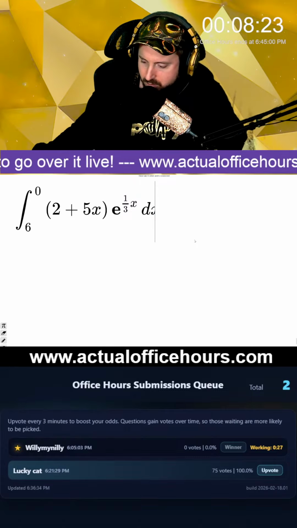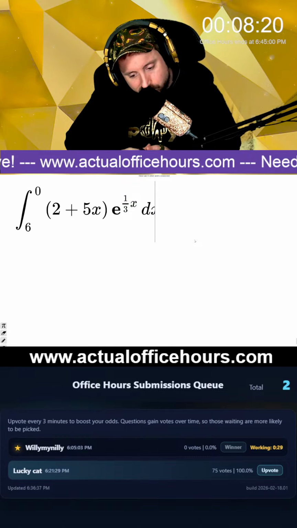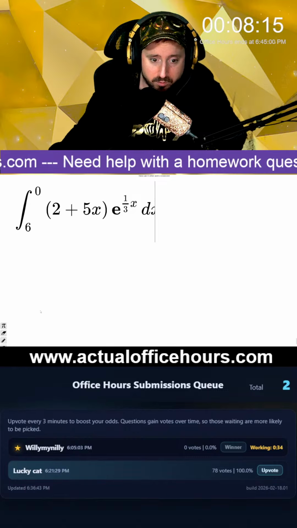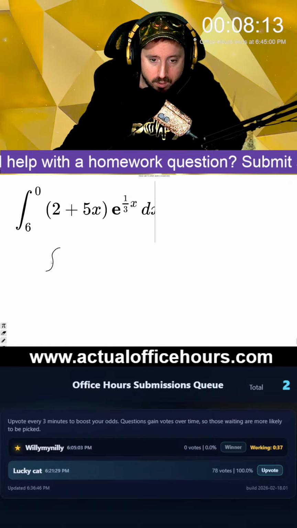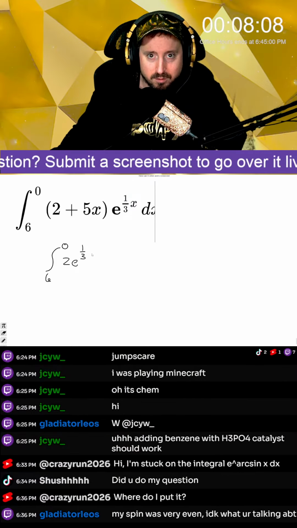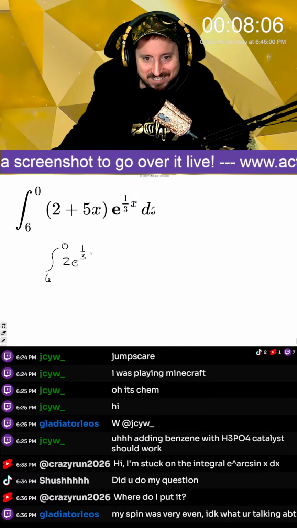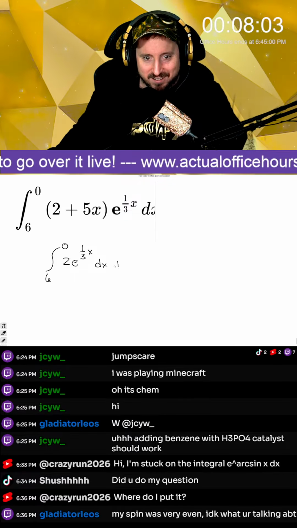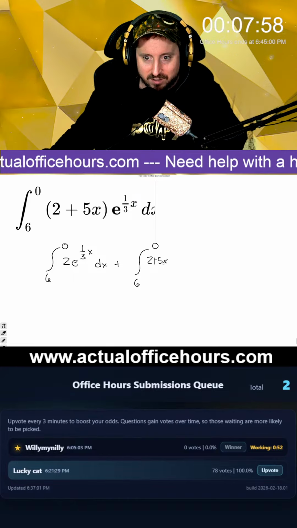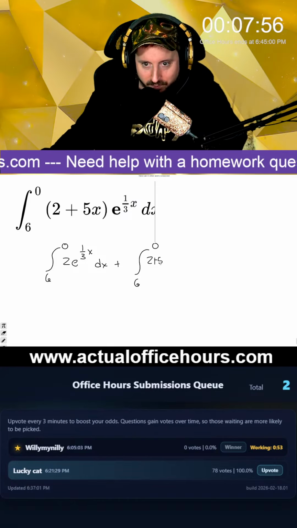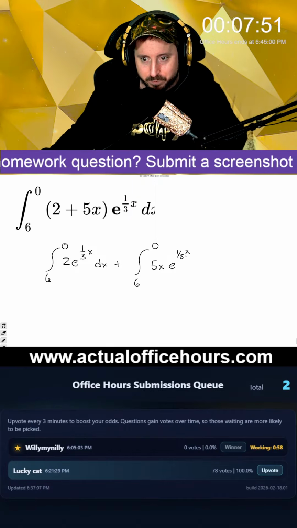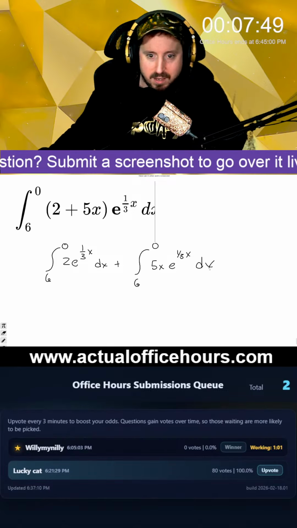All right. You can break this up into 2 integrals just to start off with. So I could do the integral from 6 to 0 of 2e to the 1/3 x dx, plus the integral from 6 to 0 of 5x e to the 1/3 x dx.